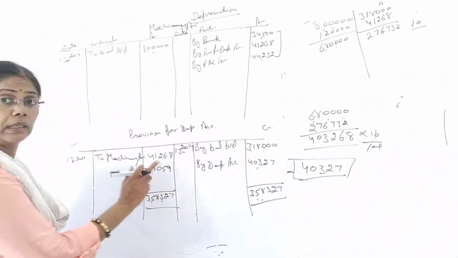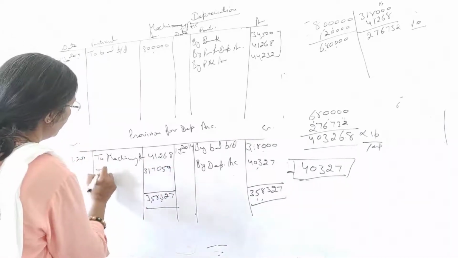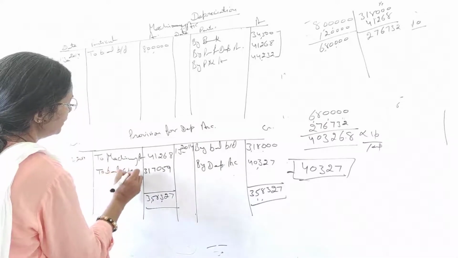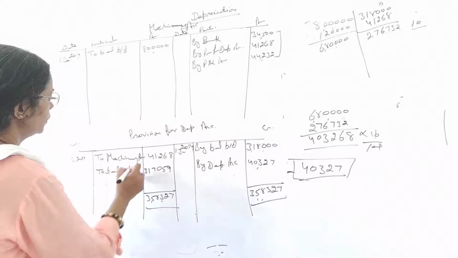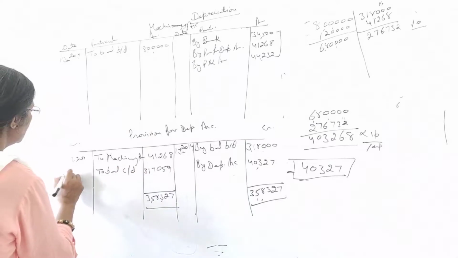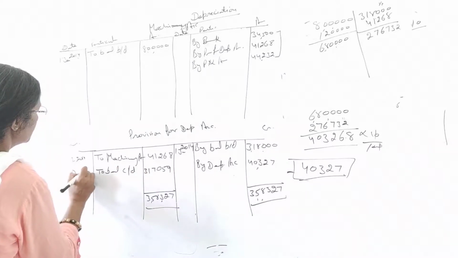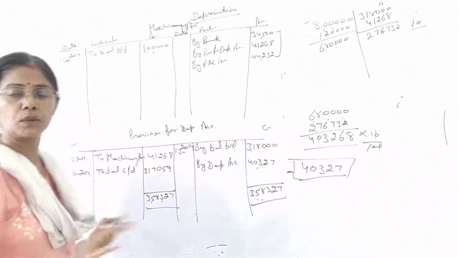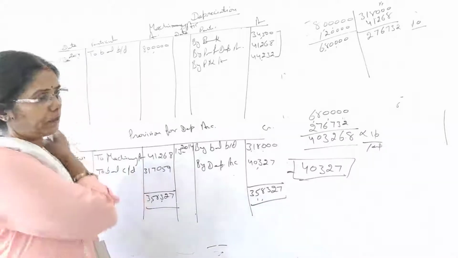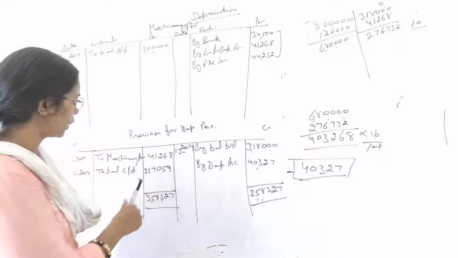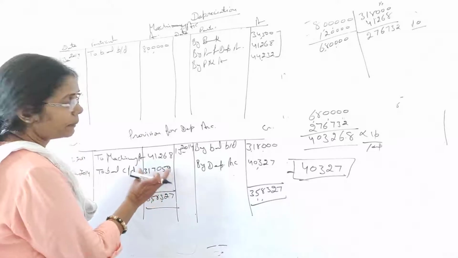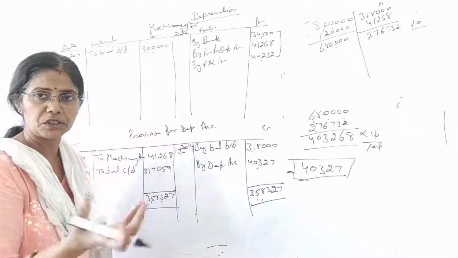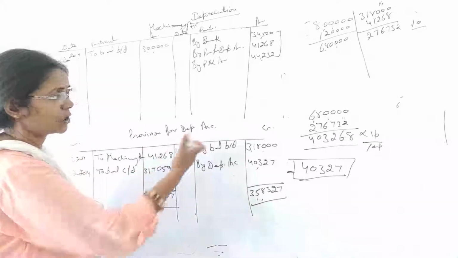So this is what? This is your balance. Balance carried down, on 31st December 2014, because your year is ending on 31st December every year. Fine. This is the balance of your accumulated depreciation, or you can say provision for depreciation.